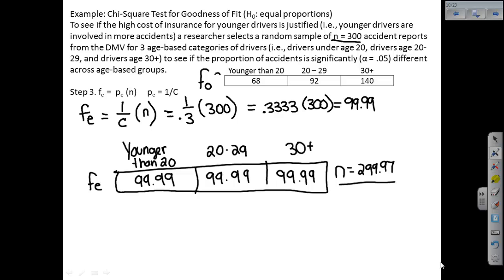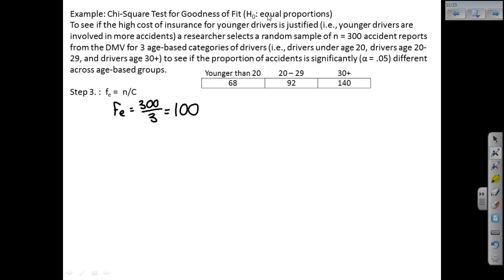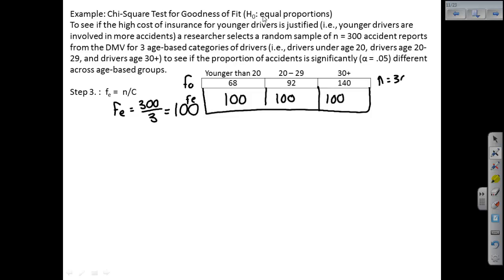I don't really like that, so I definitely prefer to do this strategy when I have equal proportions. So I'm going to write my frequency expected right below my observed frequencies: 100, 100, and 100. And in both cases, n is equal to 300.